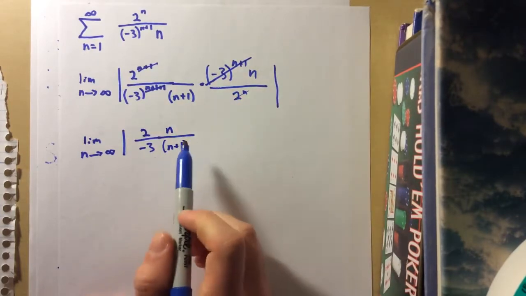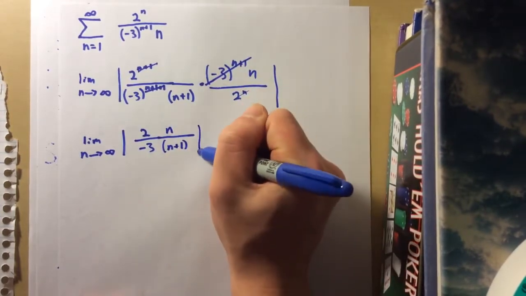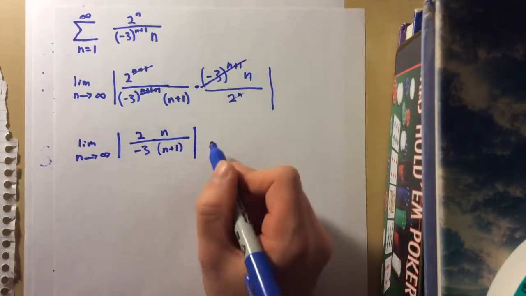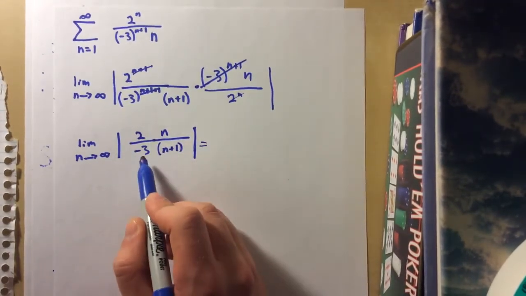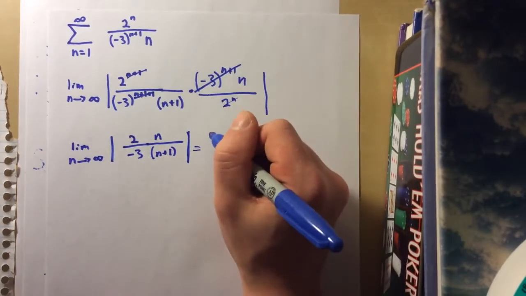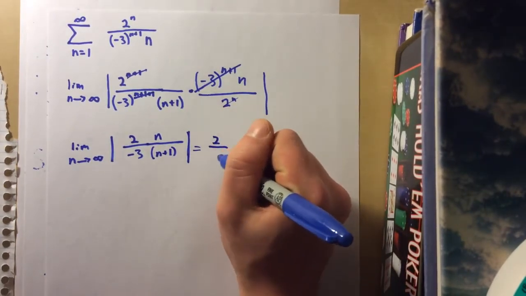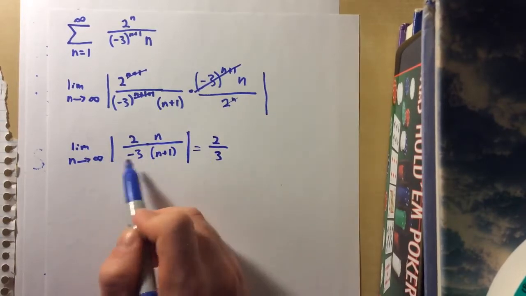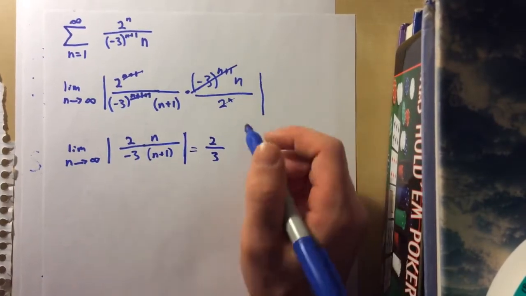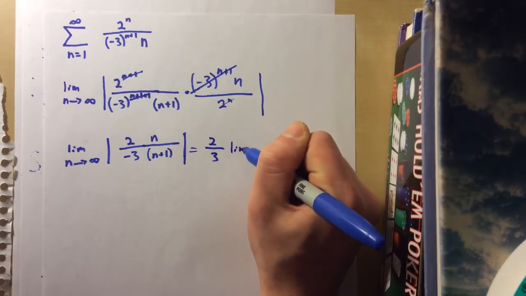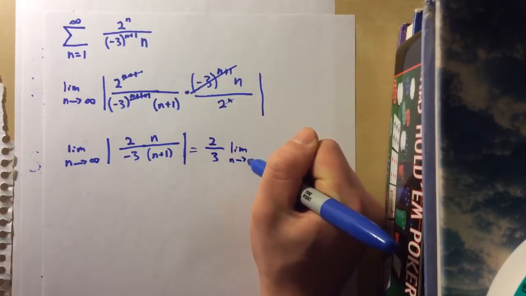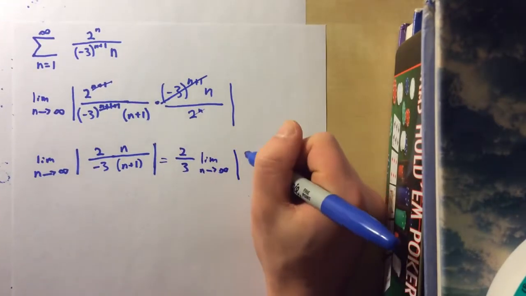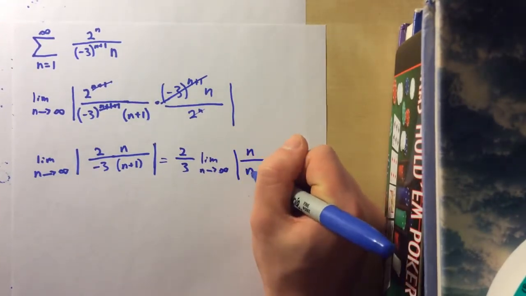One thing you could do, if it makes it easier to see, is note that 2 over negative 3 is just a constant, so you can pull that out. Remember that we're taking the absolute value, so we drop the negative sign, and then we have the limit as n approaches infinity of the absolute value of n over n plus 1.